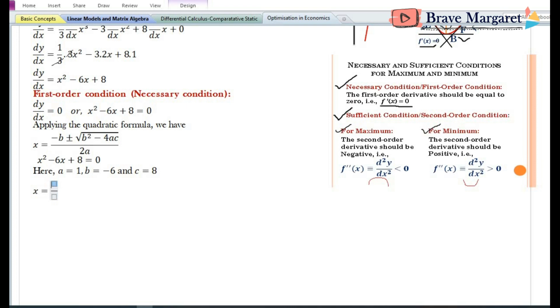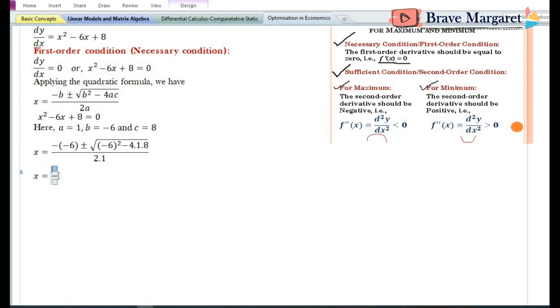So we have x equals minus the value of b, which is minus 6, plus or minus the square root of b squared, or minus 6 squared, minus 4 times a, the value of a is 1, times c, the value of c is 8, divided by 2 times the value of a, which is 1.